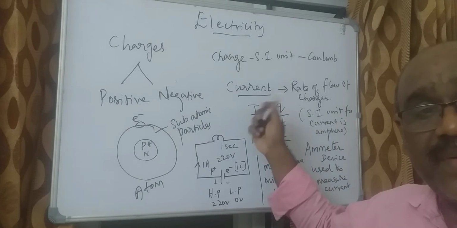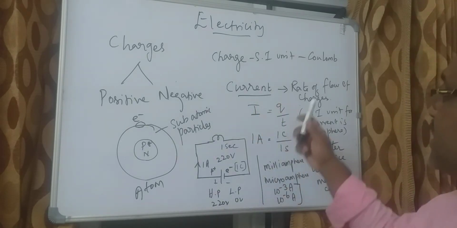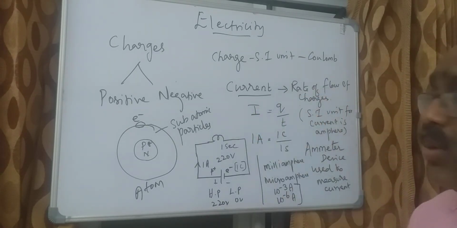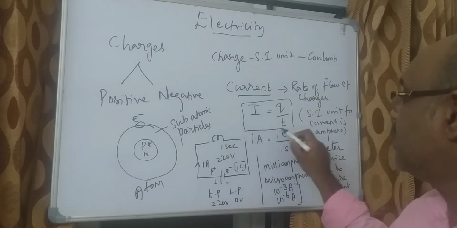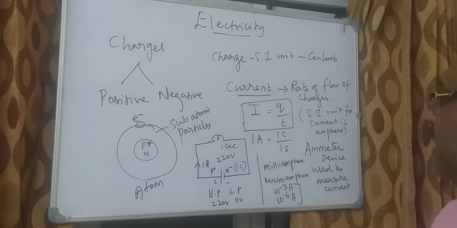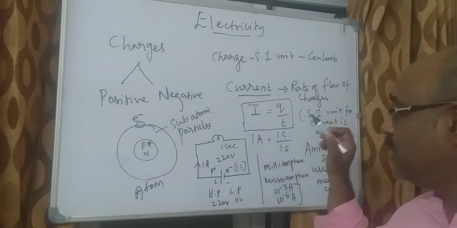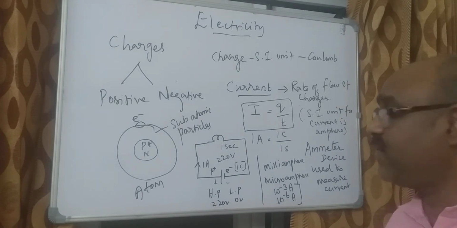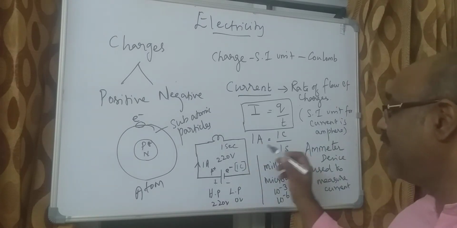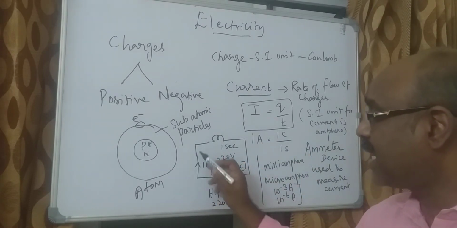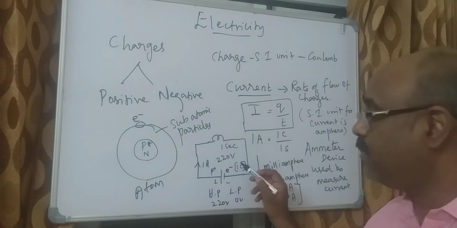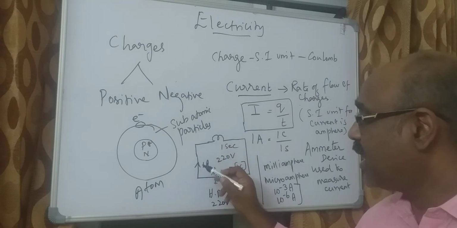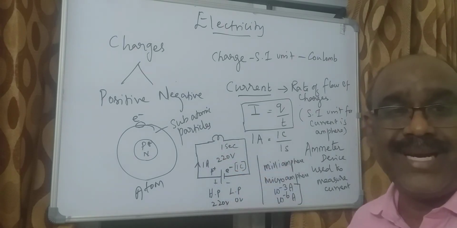To define current, current is nothing but the rate of flow of charges, and it is given by the formula I is equal to Q divided by T, and the SI unit of current is ampere. 1 ampere of current is the current flowing in the circuit when 1 coulomb of charge passes from one end of the conductor to the other end in 1 second.